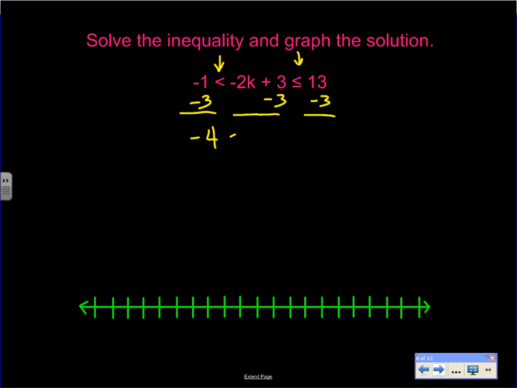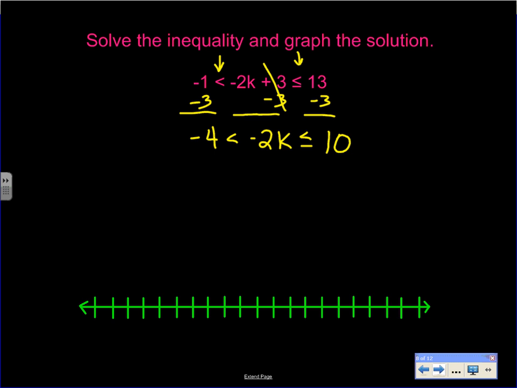Drop down our less than symbol. We drop down -2k. And 3 minus 3, those cancel out. Bring down our inequality, less than or equal to. And 13 minus 3 is a 10.